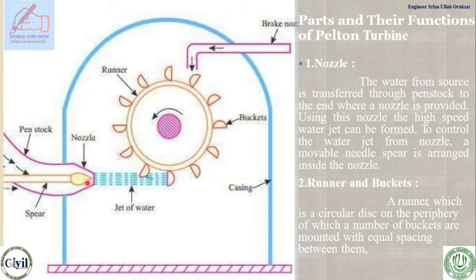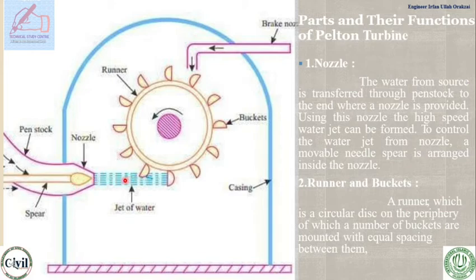The water from the source is transferred through the penstock, as I mentioned earlier, to the end where a nozzle is provided like this. The water comes from the reservoir to the penstock, and at the end of the penstock there is an adjustable nozzle which can be adjusted with this spear. Using this nozzle, the high-speed water jet can be formed.